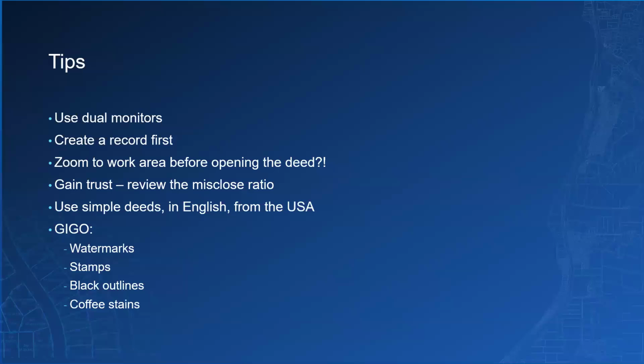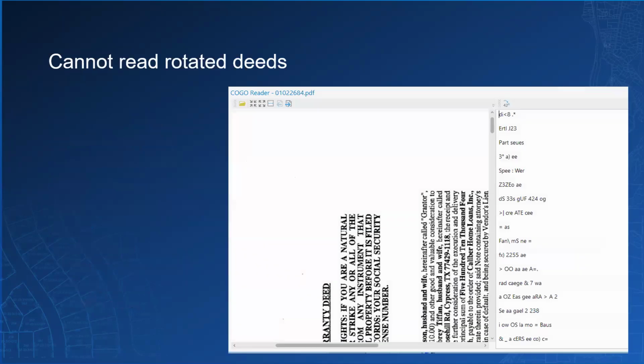And there are a few tools out there called watermark removers. Some of them work. None of them does a really fantastic job, but they might be helpful. If you have a rotated deed like the one below here, COGO Reader right now will not do a good job with that.